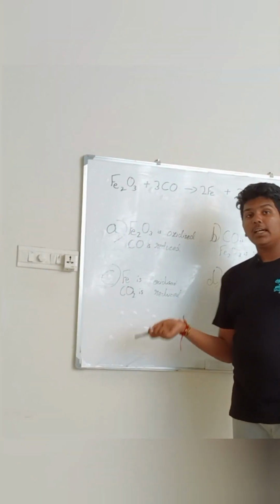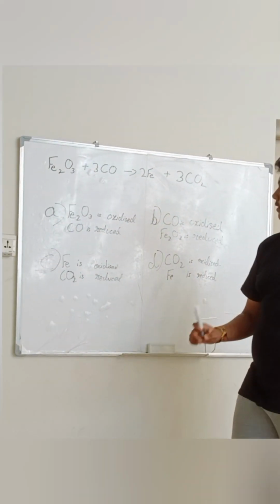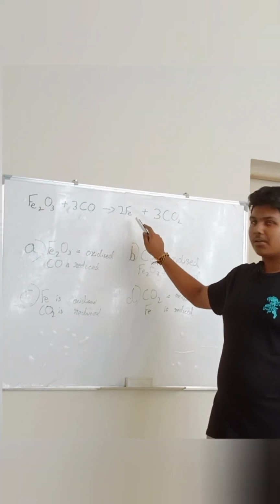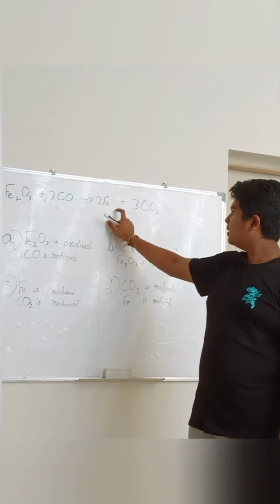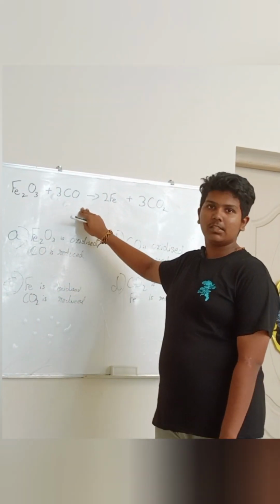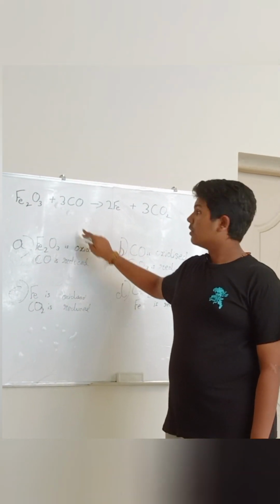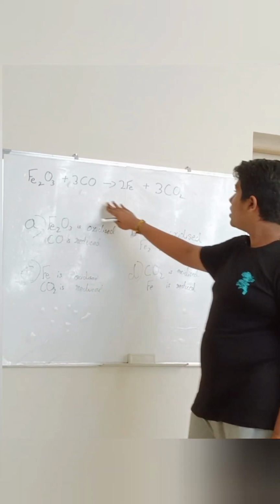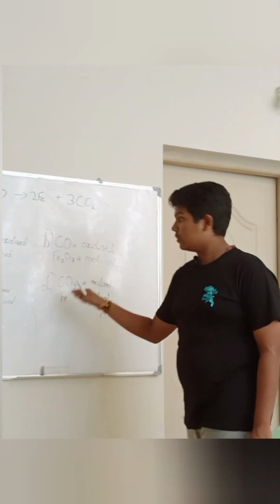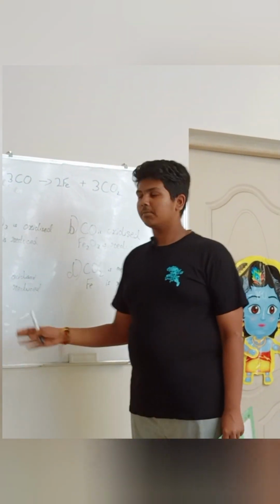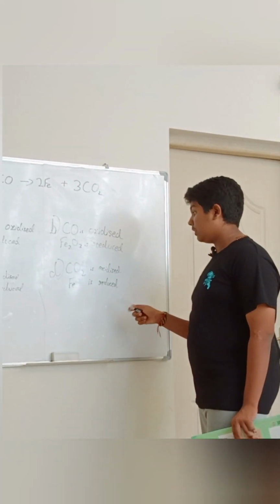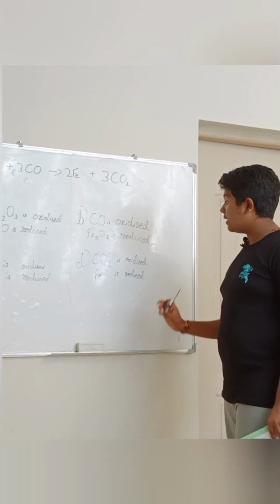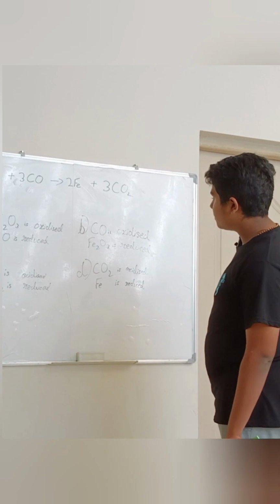Fe is oxidized and CO2 is reduced. Is it oxidized? No, this one is not present in the reactants here. And this CO2 that is reduced is only shown in the products. So this is not possible. Next option, CO2 is oxidized and Fe is reduced.